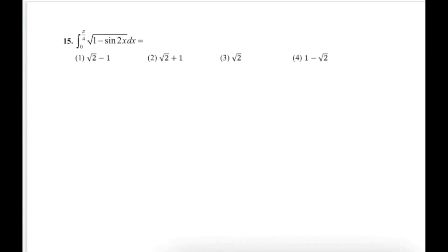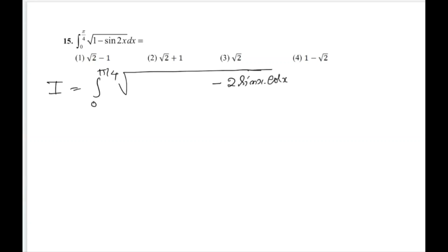Now the 15th question. To integrate from 0 to pi by 4 root of 1 plus sine 2x. We can write sine 2x as 2 sin x into cos x, and 1 can be written as sin square x plus cos square x, dx.